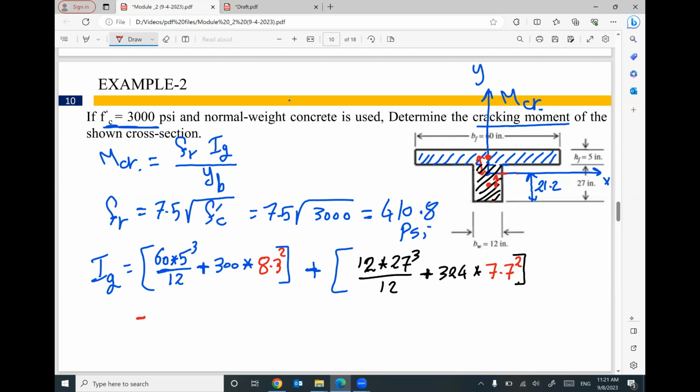This is how to figure out the value of I gross if you have a cross section that is not a rectangle.